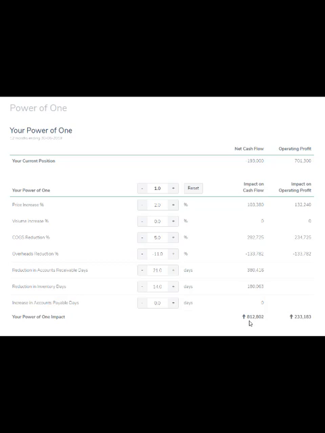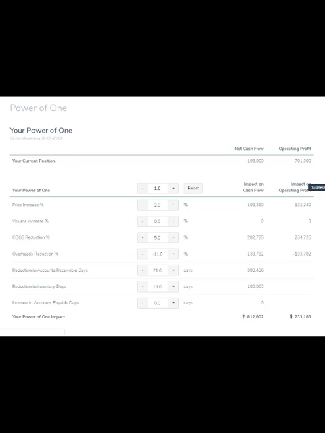So we're going to have an extra $800,000 in the bank, even though it's costing us more to do it. Our profit's up slightly. 200,000 is pretty good, but this is the real important thing, because at the moment we've had to fund the business using loans.